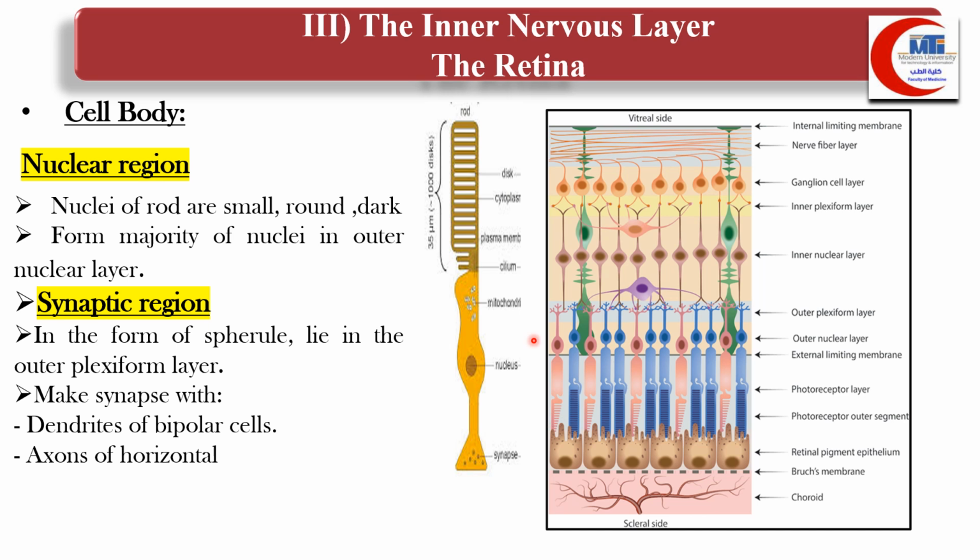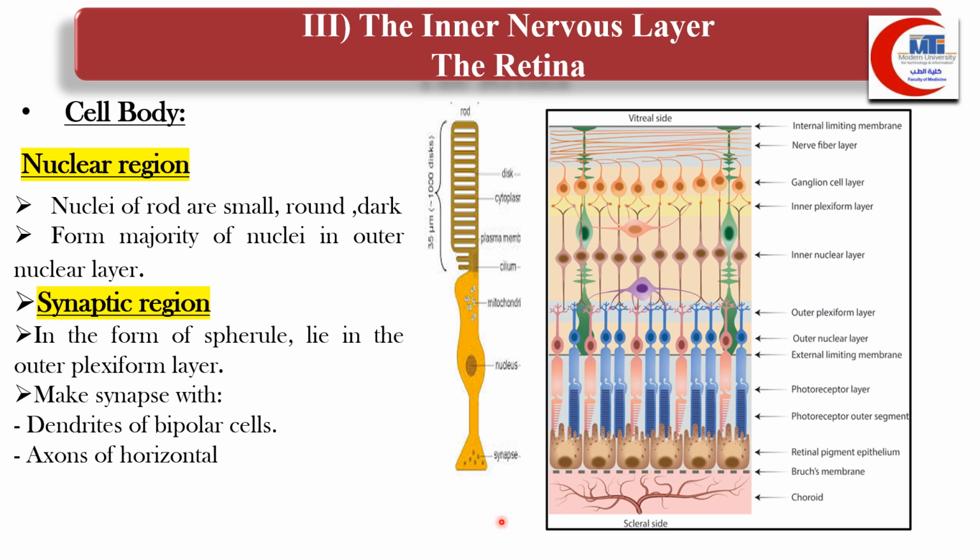The cell body of the rods includes the nuclear region and synaptic region. In the nuclear region, the nuclei of the rods are small, rounded and dark. The nuclei of the rod photoreceptors form the majority of nuclei in the outer nuclear layer.